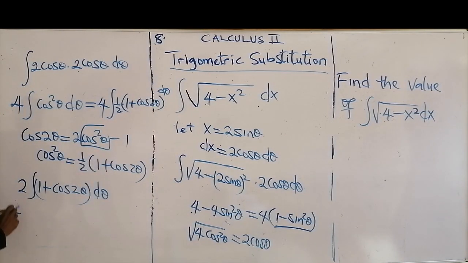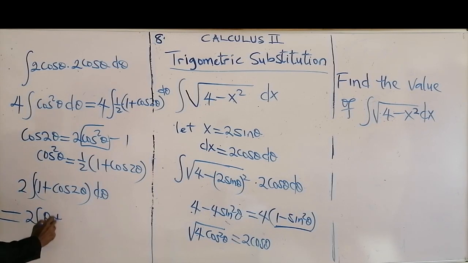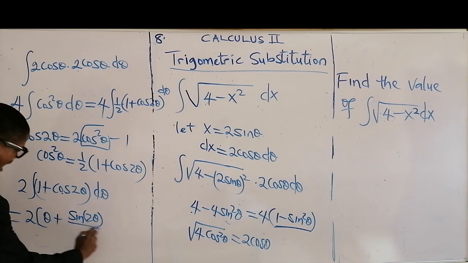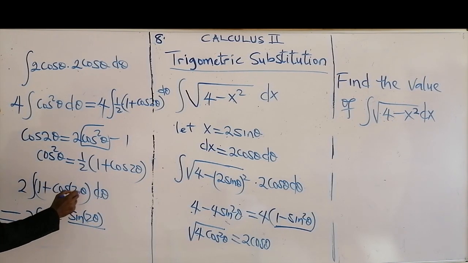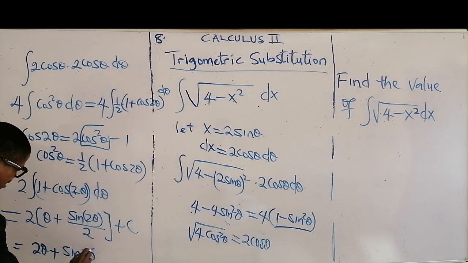Then on the final note, integrate this. Integral of 1 with respect to theta will be theta. Integral of cosine is the sine of the function, and then you divide by the derivative of the inner function. You can open the brackets, and that will be equal to 2 theta plus sine 2 theta plus c.